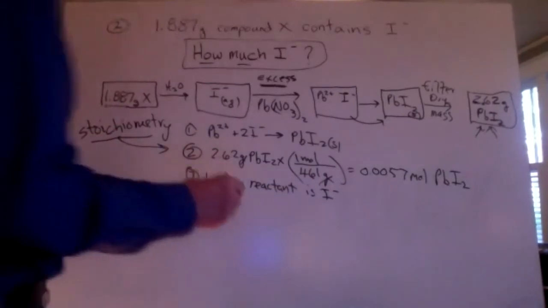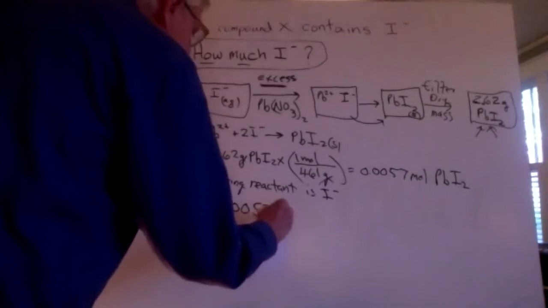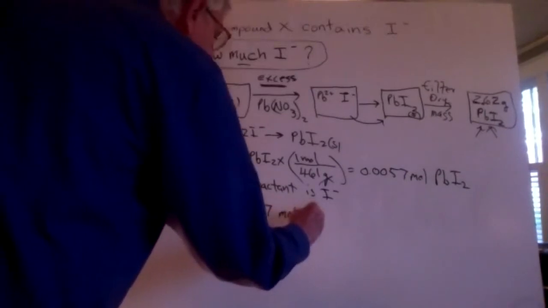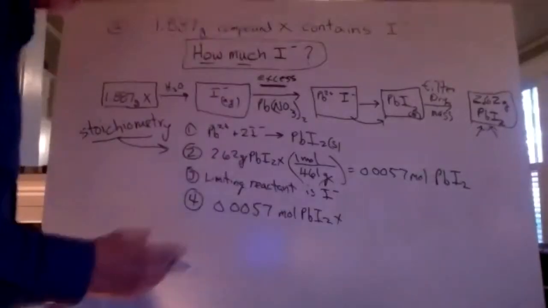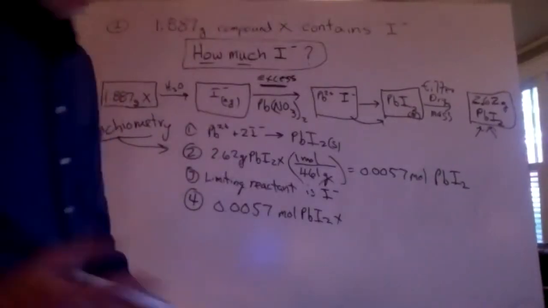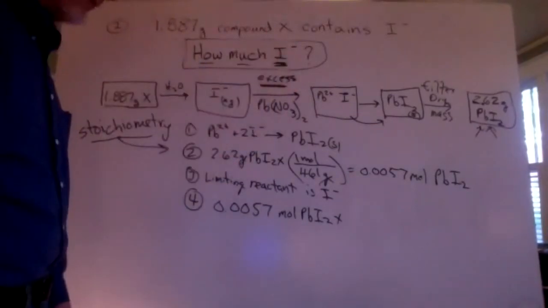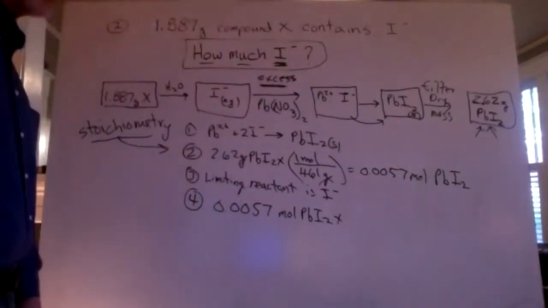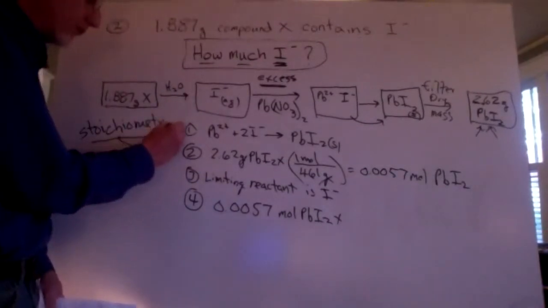So now we take our 0.0057 moles of PbI2 and multiply it by something that will convert it into moles of iodide ion. That's why we have a balanced chemical reaction equation, and why we need it in the very first step.